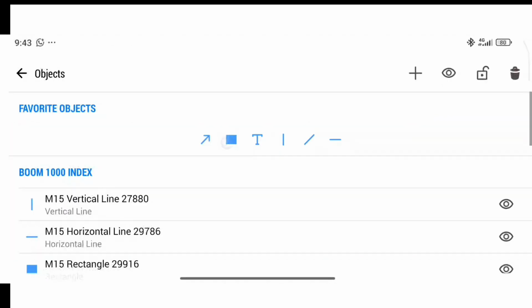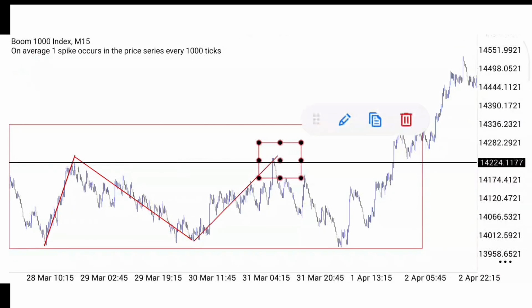Now it has broken this structure. Look at the way it broke the structure at the top there. Because of that structure that it has broken, we are now looking out for a good liquidity point that we can take our trade from.